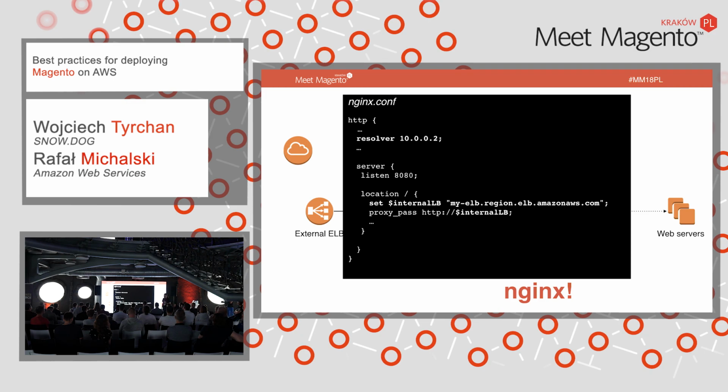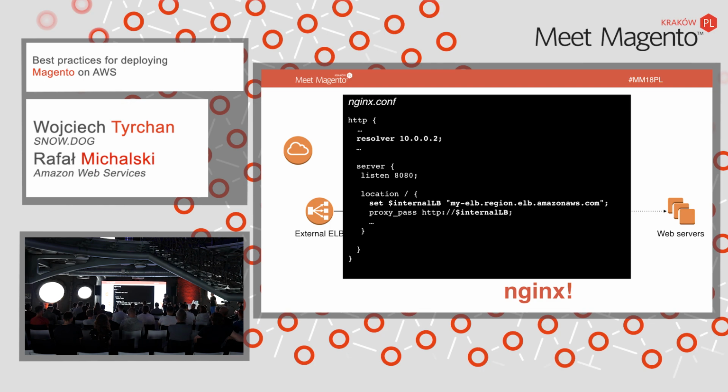There is some part of the configuration. Nginx doesn't use the system's DNS resolver. You have to define it in the configuration. On AWS, the DNS server is at the base of your VPC subnet plus 2, and you can see there is a part with setting a variable, which is then used in a proxy pass call.